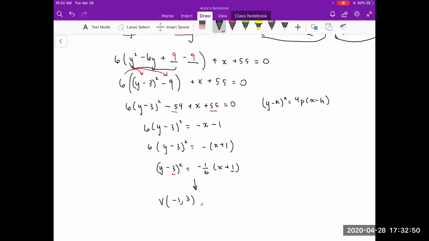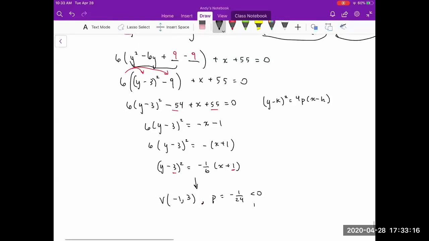Also, we get that this number is 4p, so p is that divided by 4, which will be negative 1 over 24. Good. Also, notice p is negative, so that means we're going to face in the negative direction. Since it's a horizontal parabola, we'll be facing to the left.